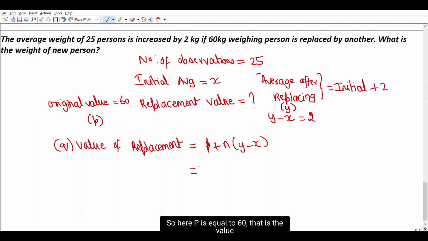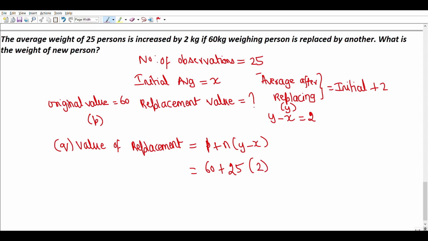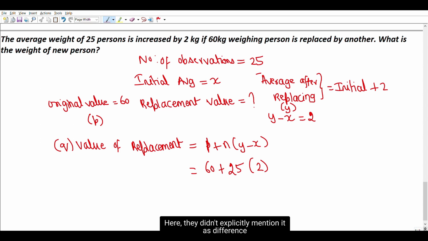So here p is equal to 60, that is the value which got replaced, plus the number of observations is equal to 25, and the difference in average is equal to 2. Here they didn't explicitly mention it as difference in average, but they had given that upon replacement the average gets increased by 2 kg, which means that the average after replacement minus average before replacement is equal to 2.